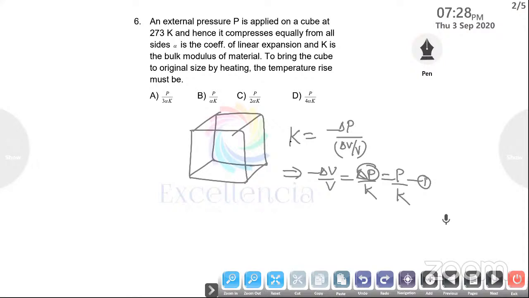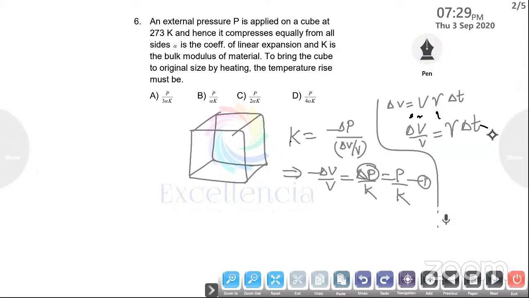So here, for that we know that delta V is equal to V gamma delta T. Here gamma is coefficient of volume expansion, V is initial volume, delta V is change in volume. And from here we can write delta V by V is equal to gamma delta T. Here gamma value is not given, but it is given coefficient of linear expansion is alpha.